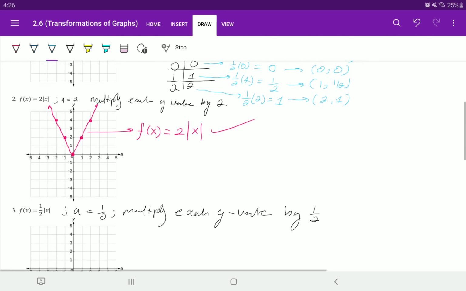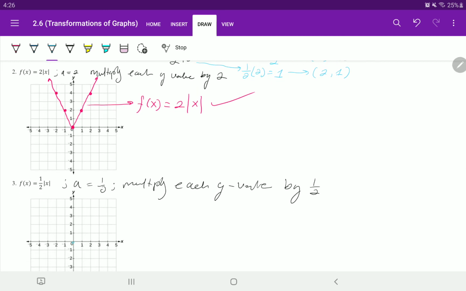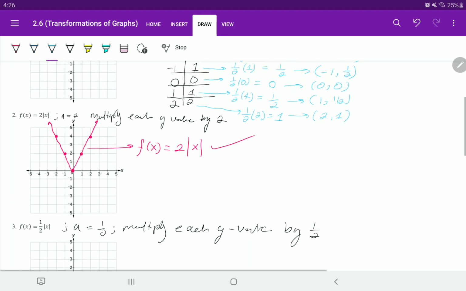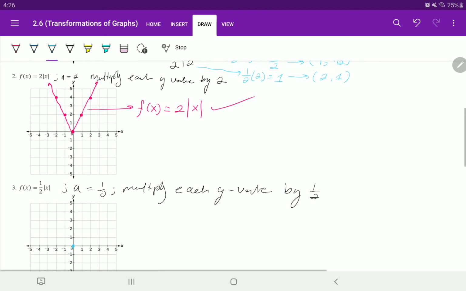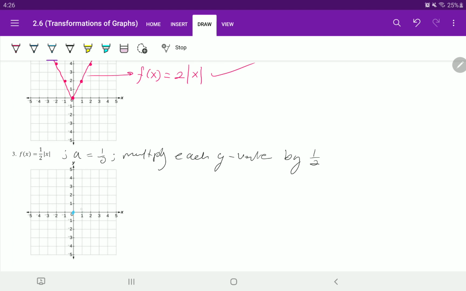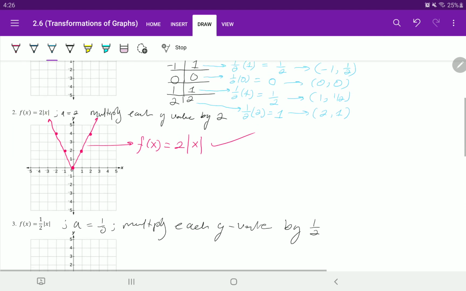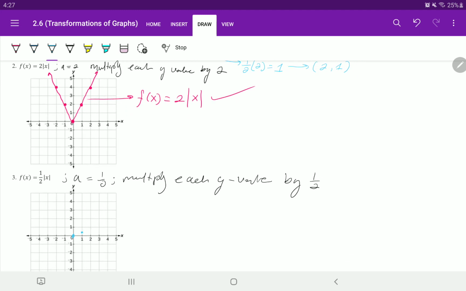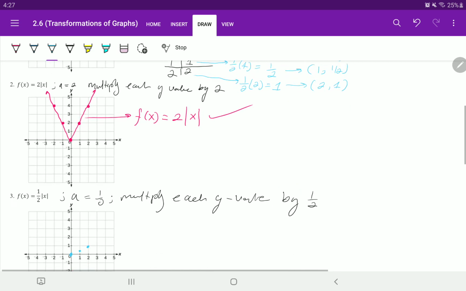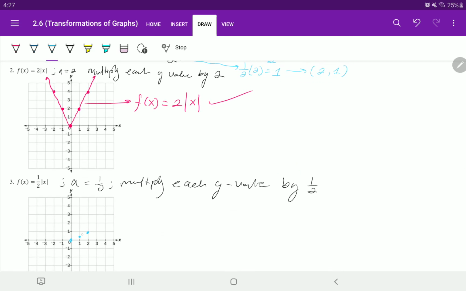So now I'm going to graph that. We have 0, 0. We have 1, 1/2. So 1 goes in the middle, and 1/2 right here. We're going to have 2, 1. So put that right here. We have -1, 1/2, which goes right here.